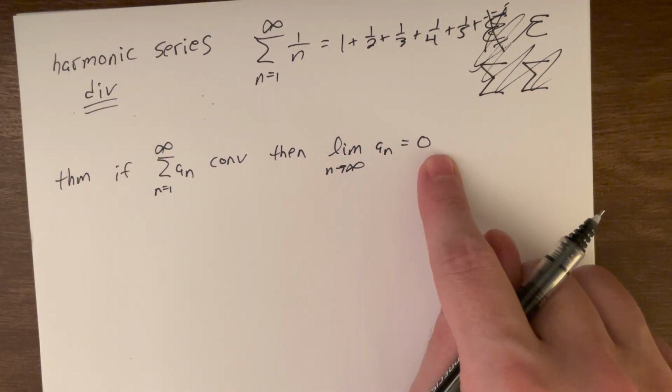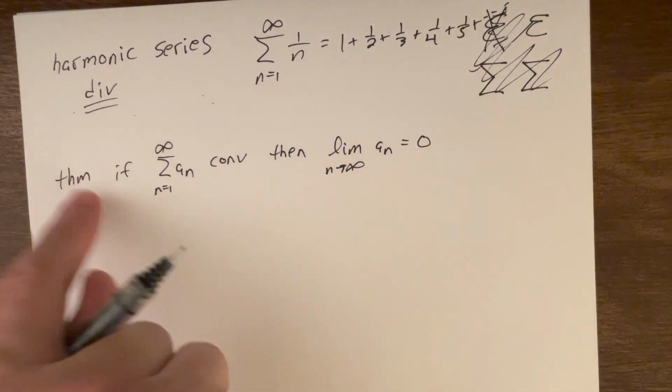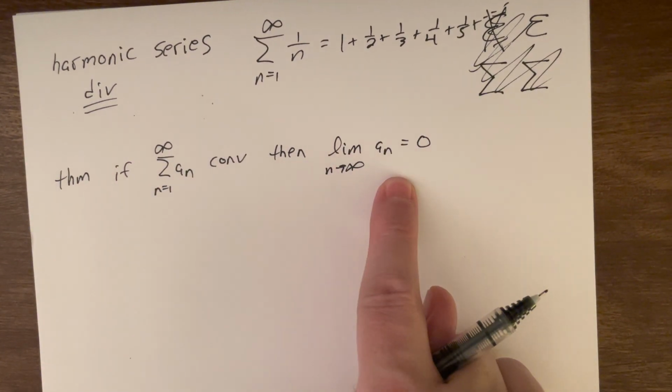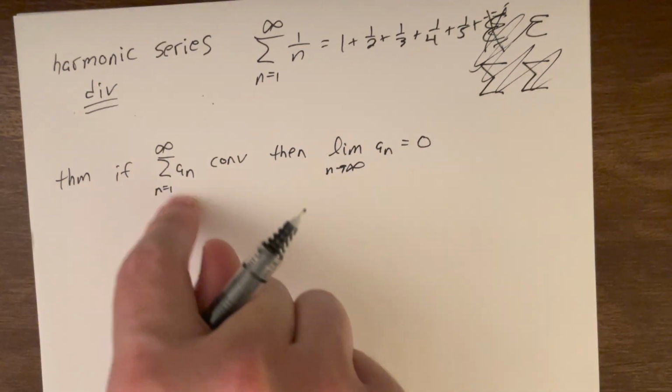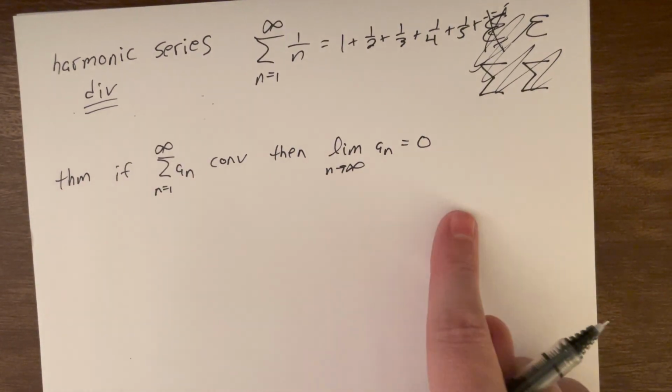But realize, logically, it's not enough to do this in reverse. We can't say, if the terms themselves go to 0, then the series will converge. That's not how it works.